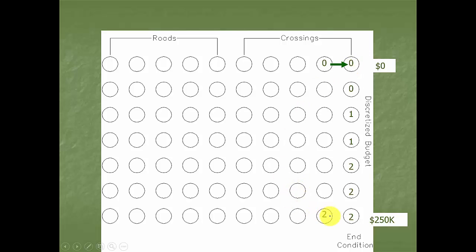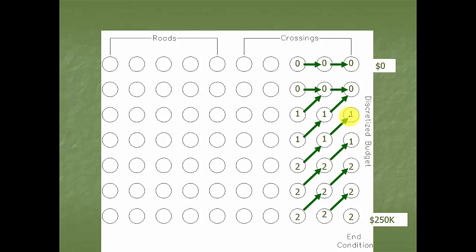Versus if I had $250,000 left, I would do full treatment, but now I would have a little less money, but I'd still have enough money to do full treatment at the last crossing. Similarly, like here, I'd say, well, I don't have quite enough money to do full treatment, but I have enough to do some treatment, and then I'll have enough money left to do some treatment at the last crossing.